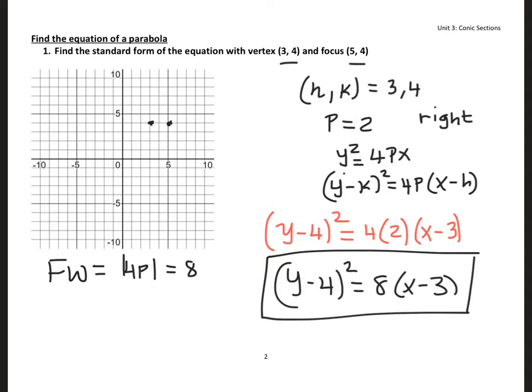So wherever the focus is, see the focus is at (5, 4), I just need to count 4 up and 4 down, and there is my parabola right there. That's my parabola if I was asked to graph it. But now I just needed the equation.